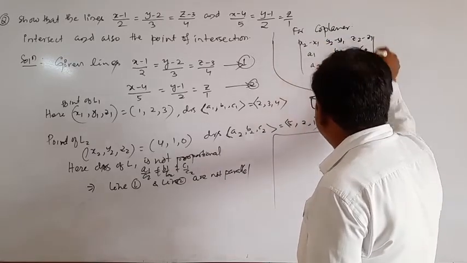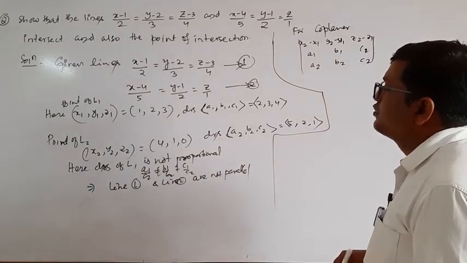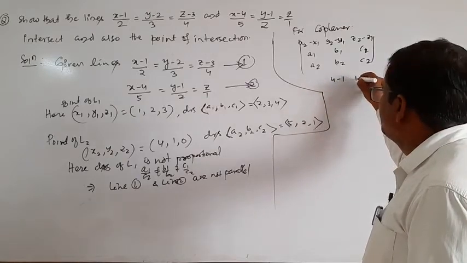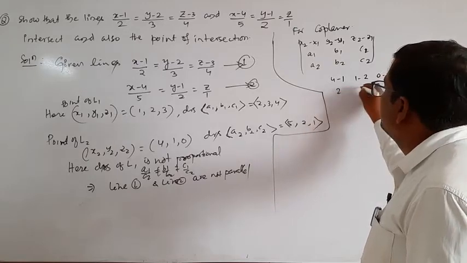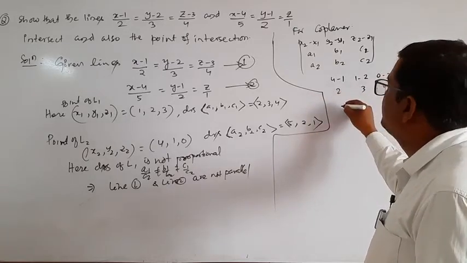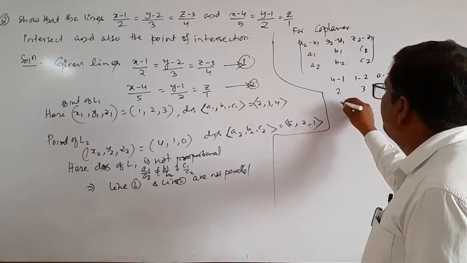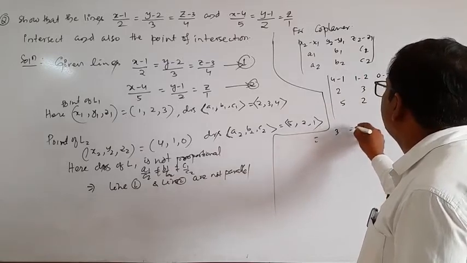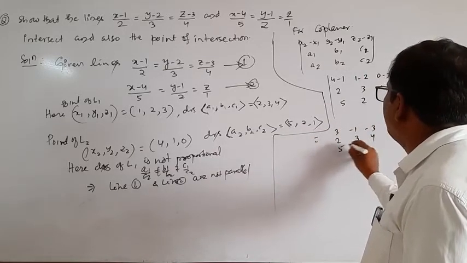So this is equal to rows (4 minus 1, 1 minus 2, 0 minus 3), (2, 3, 4), (5, 2, 1), that is (3, minus 1, minus 3), (2, 3, 4), (5, 2, 1).